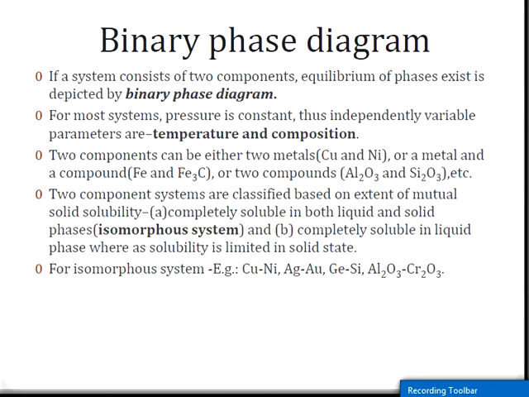The second class is where the components are completely soluble in liquid with limited solubility in the solid phase. So there are two types of binary phase diagrams. One is the isomorphous phase diagram, an ideal case where the components are completely soluble in both liquid and solid, whereas in general systems there is complete solubility in the liquid phase and limited solubility in the solid state. The second class of systems are generally called eutectic systems.